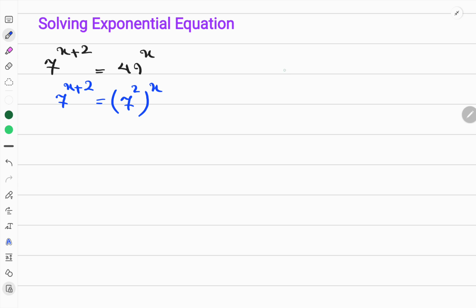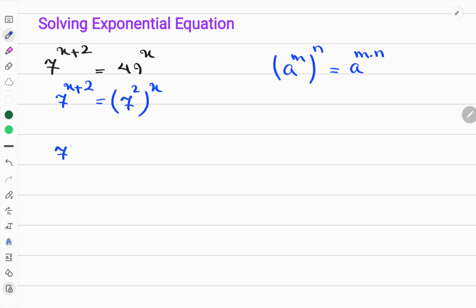According to the power rule, when you have a power like a to the power of m raised to another power n, you are allowed to multiply these two exponents, a to the power of m times n. So we are allowed to multiply 2 by x.